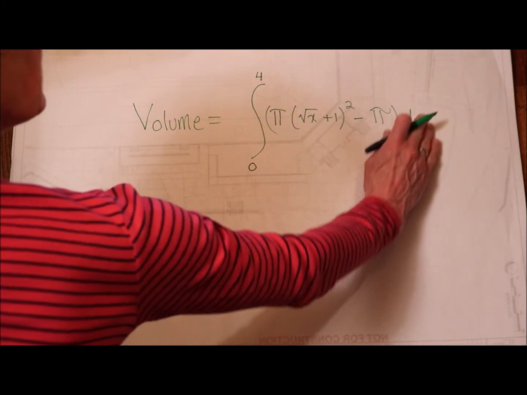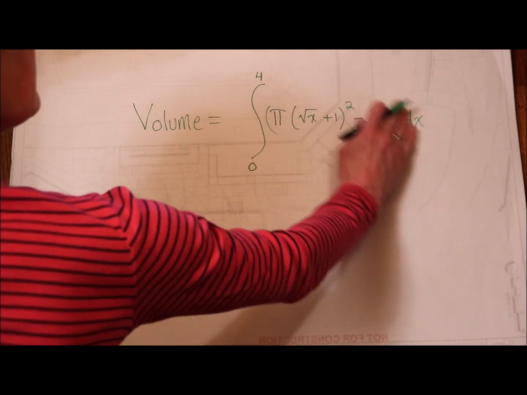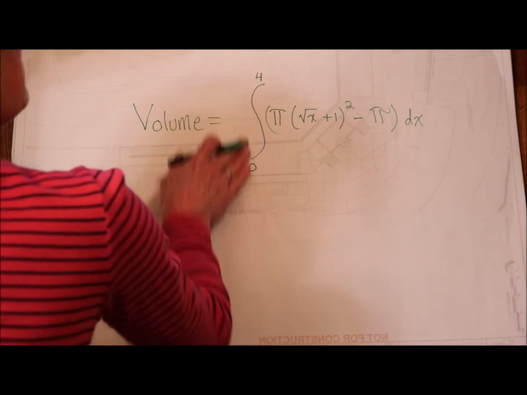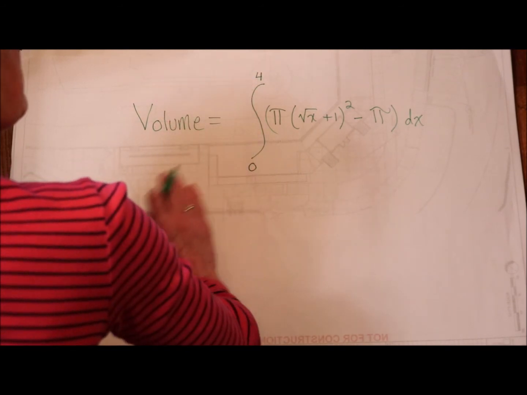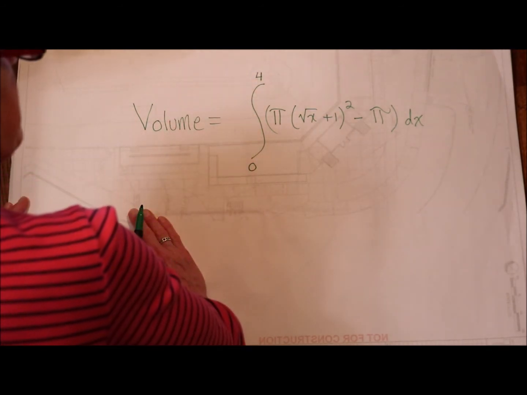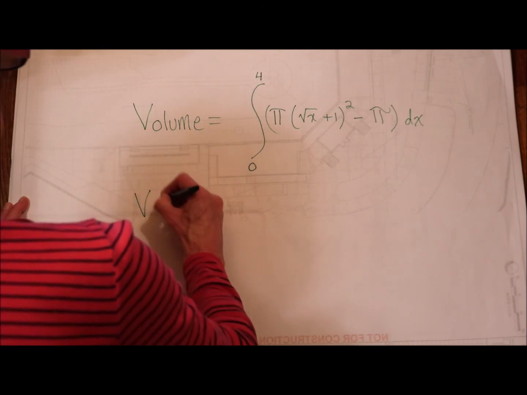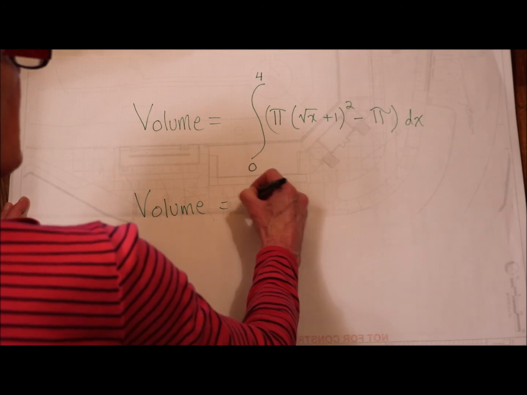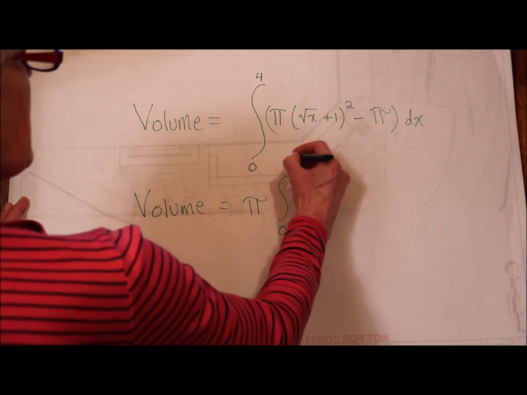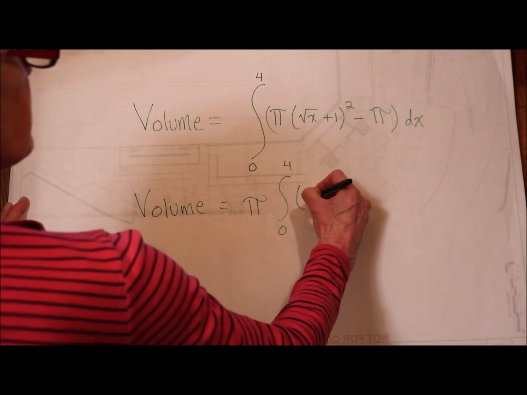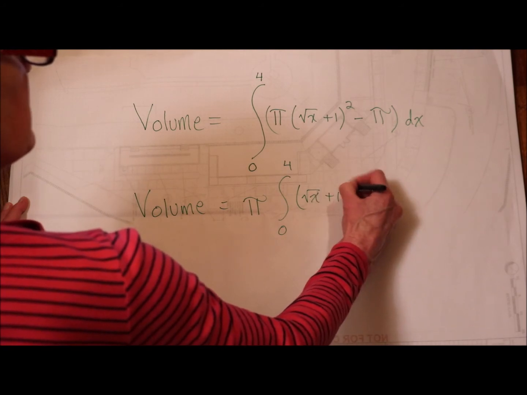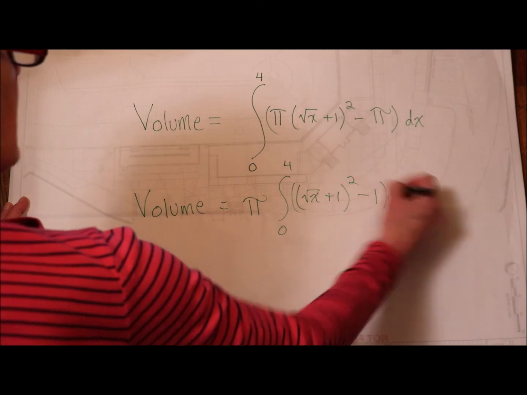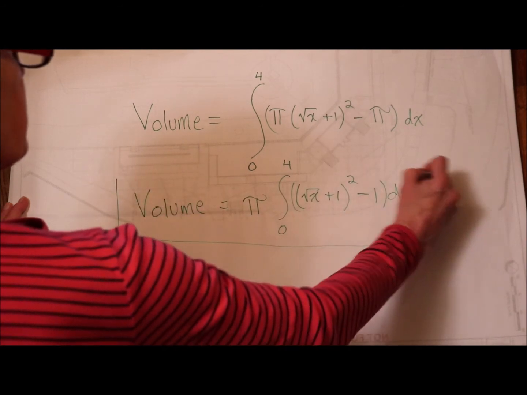So here's the volume of each individual little cross section, and I'm adding up the infinite number of cross sections from 0 to 4. Now usually what we do in this instance is we factor out that pi. It just makes the math easier. So lots of times you'll see it written like this right here.